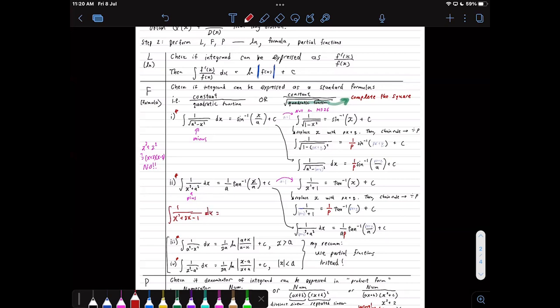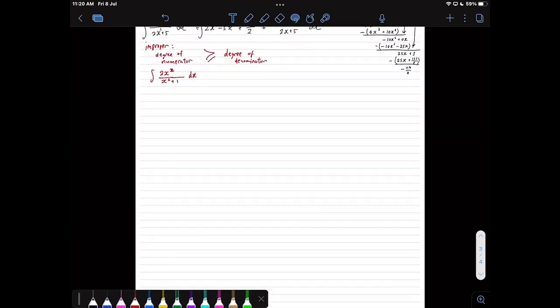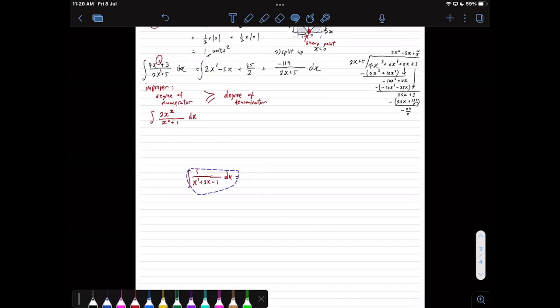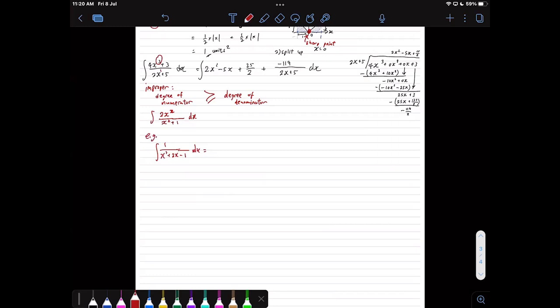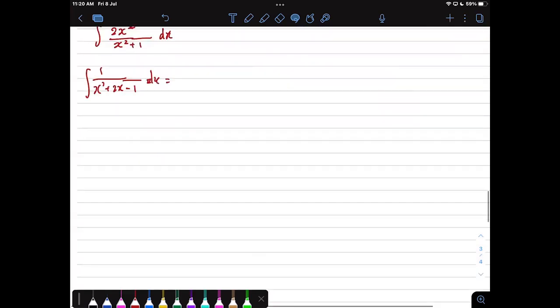So let's complete the square. Let's just do it with this example. So let's try and integrate this. First step is to complete the square. 1 over x plus, take half the coefficient of x, so 2 divided by 2, squared, minus half the coefficient of x, bracket squared.